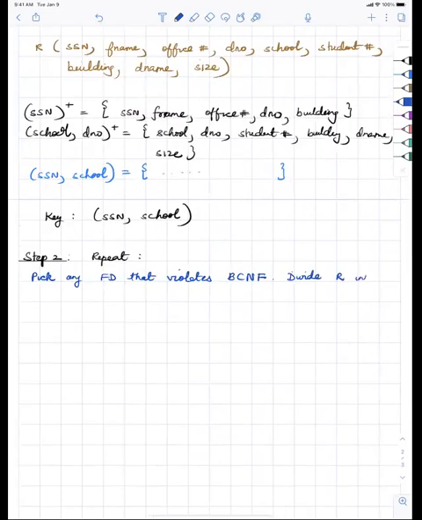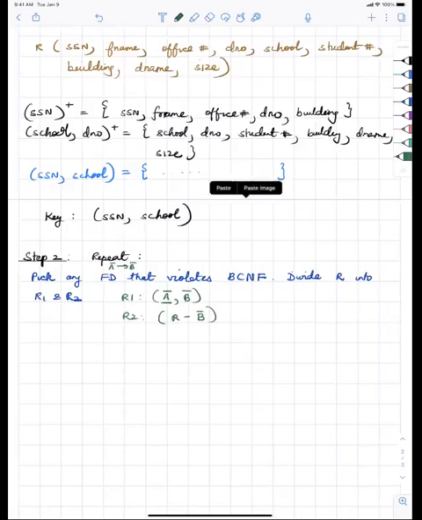So let's say the functional dependency we picked is A going to B. So R1 and R2, R1 would be A and B, and R2 is going to be R minus B. Okay, so I'm not showing the explicit bringing down of A.